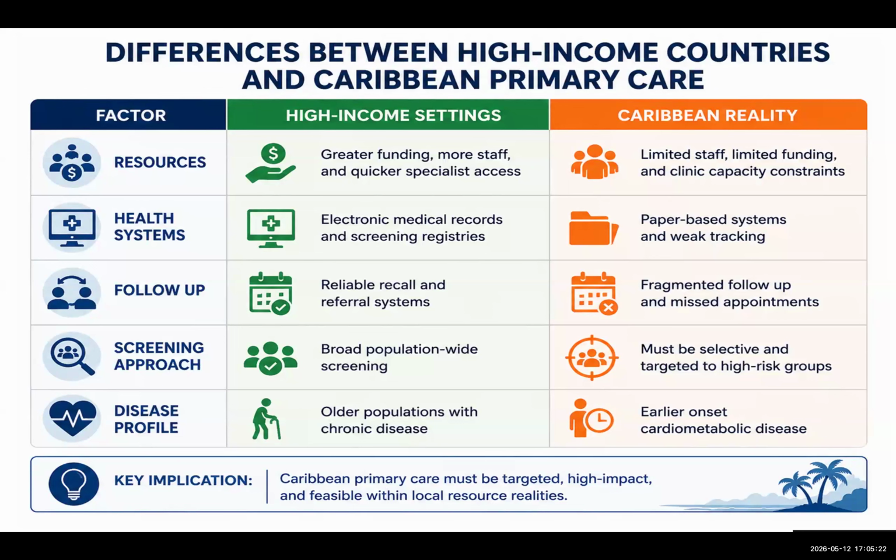In high-income countries, they focus heavily on aging populations, while the Caribbean experiences an earlier onset of cardiometabolic disease, including hypertension, obesity, diabetes, and chronic kidney disease. So the major implication is that Caribbean primary care must prioritize screening strategies that are realistic, high-impact, cost-effective, and sustainable within our local healthcare systems rather than simply copying a model from a high-income country without having proper structures in place. Next slide.